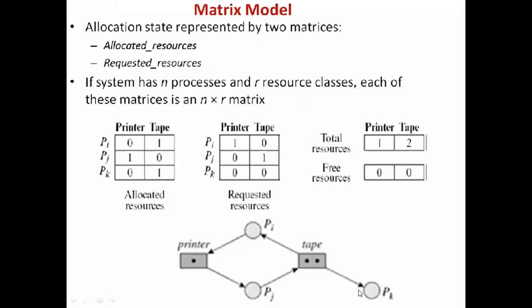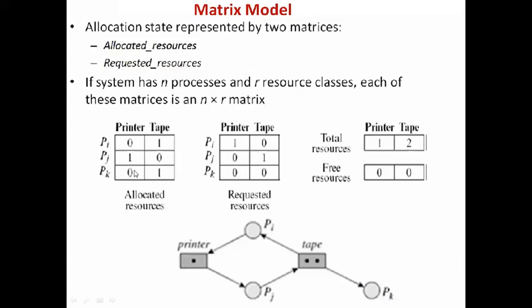And if you look at the third process PK, one resource unit of resource class tape drive is allocated to process PK, and that is shown by this particular edge. Hence, this particular process PK has got one resource of the resource type called tape. And this PK process is not being allocated any printer resource.